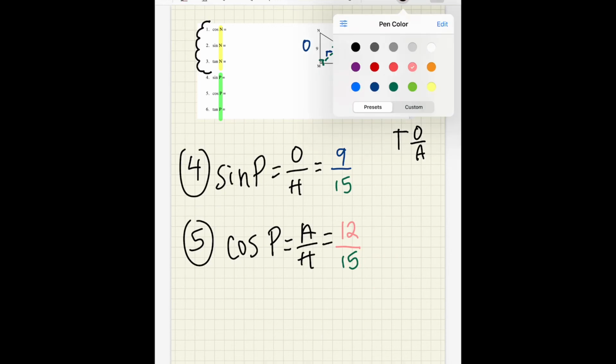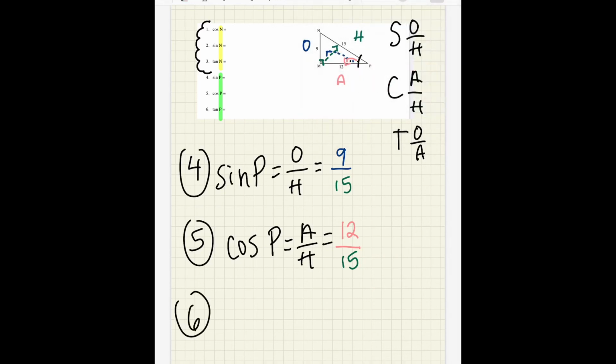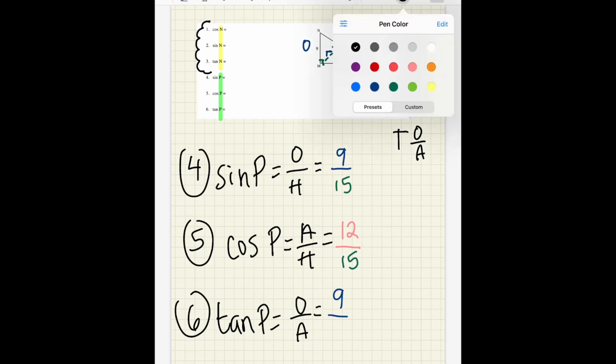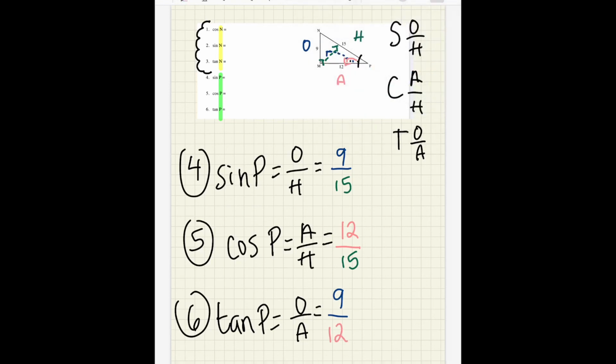And the last trig ratio they're asking us for is the tangent of P, which is equal to the opposite over the adjacent, which gives us 9 over 12 as an answer.